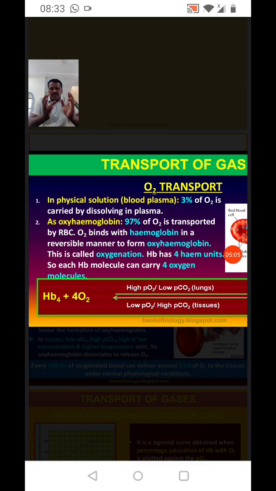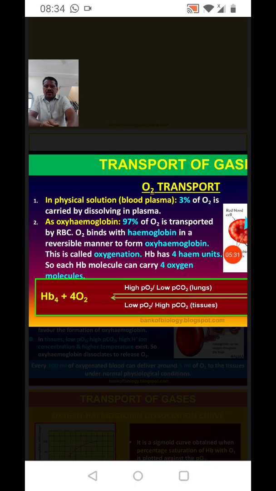Particularly here, the heme of the hemoglobin combines with the oxygen and forms the oxyhemoglobin. Right? In the hemoglobin molecule, there are 4 heme molecules. That's why each hemoglobin molecule can bind with 4 oxygen molecules. Right?